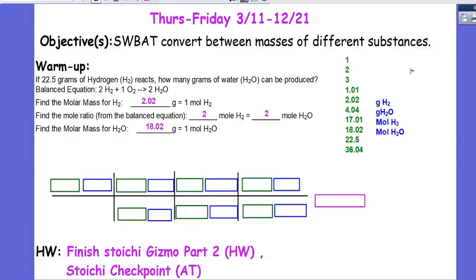So if you find your molar masses, you find your molar ratios, and then you go to fill in these boxes and the value you need isn't here, and there's nothing that looks similar to the value that you need, you might have made a mistake earlier on, and that's a really big hint that I'd really like you to use, that you need to go back and change your work.